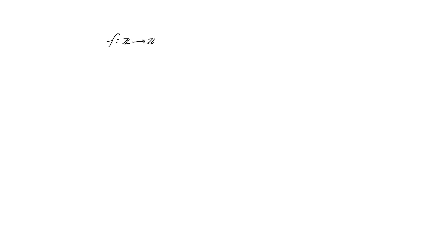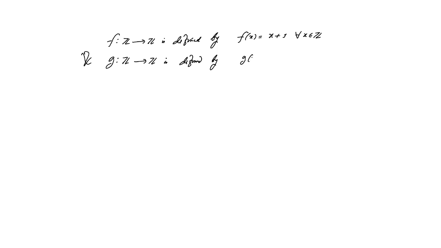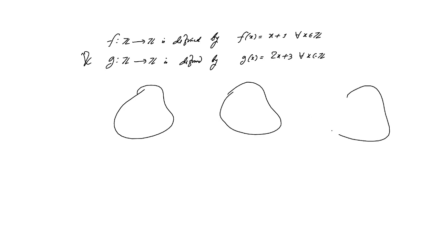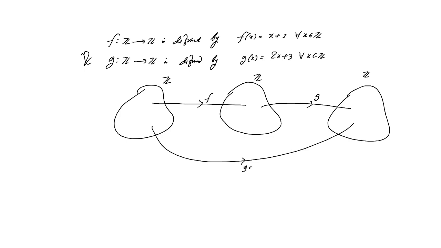F from Z to Z is defined by F of x equals x plus 1 for all x belongs to Z, and G is a function from Z to Z, also defined by G of x equals 2x plus 3 for all x belongs to Z. So F is a map from Z to Z, G is a map from again Z to Z, so that will be G composed F. And this map is also Z to Z.